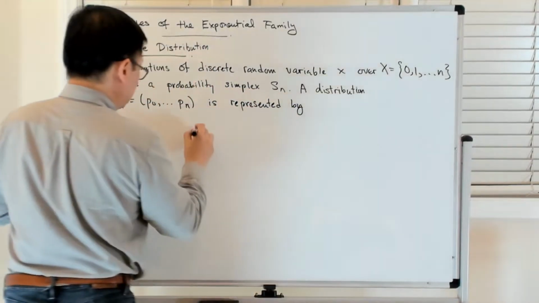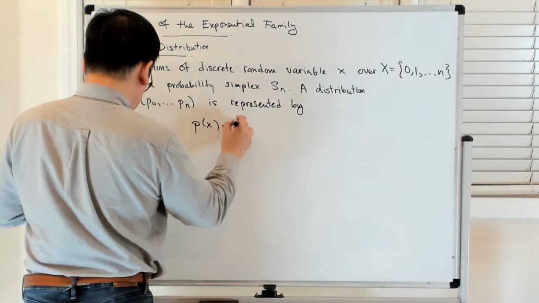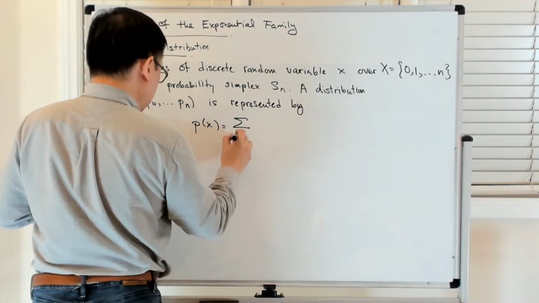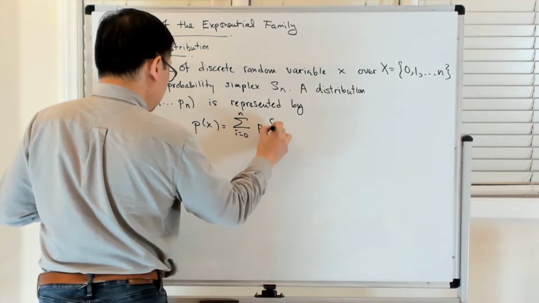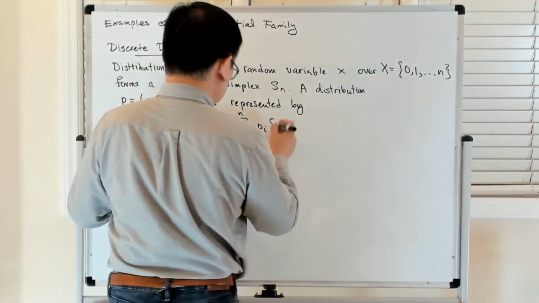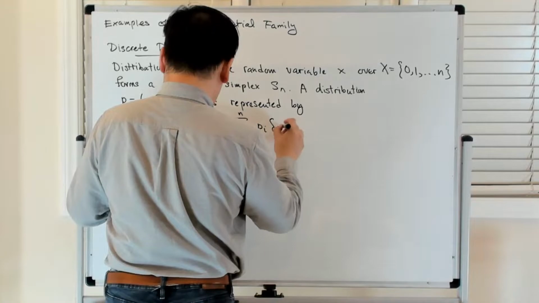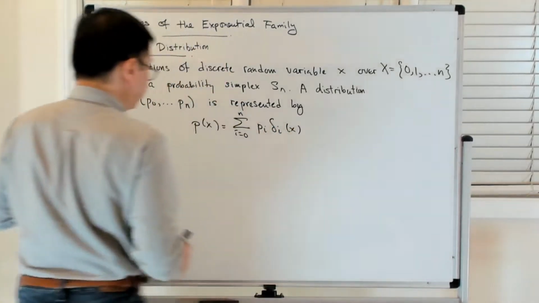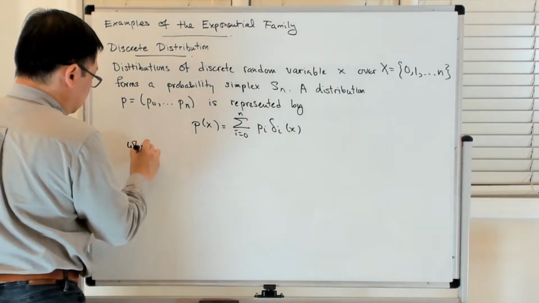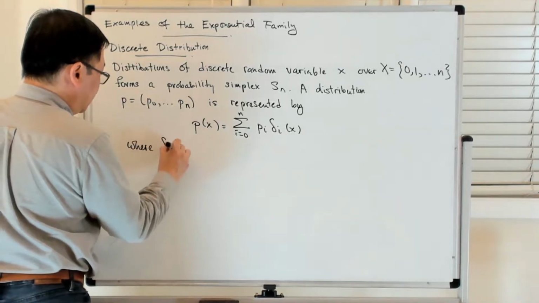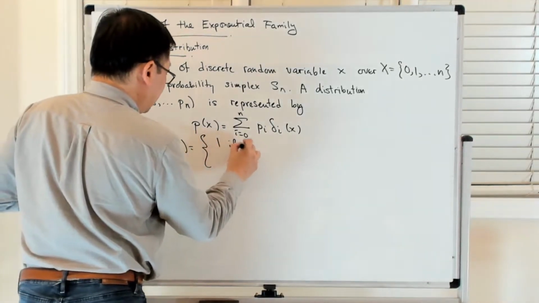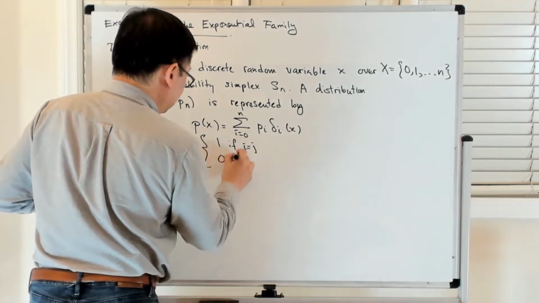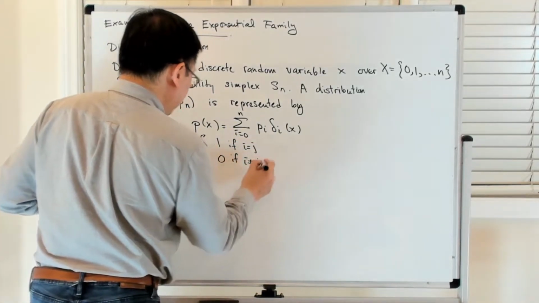P of x is equal to the sum from i equals 0 to n of Pi, the Kronecker delta function, delta i of x, where delta ij is equal to 1 if i is equal to j, and 0 if i is not equal to j.